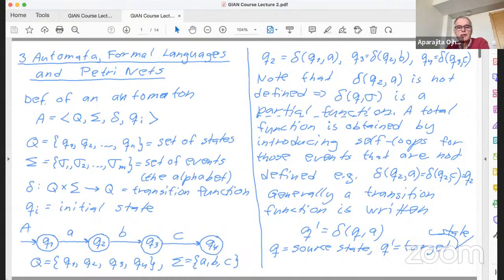Alternatively, a non-deterministic system can also be defined by a transition function where the output is not a specific state, but a set of states. And there we make use of the power set. So for instance, in this case, from Q1, you can get either to Q2 or Q3. You can define that by a transition function where the result of that mapping is both Q2 and Q3.